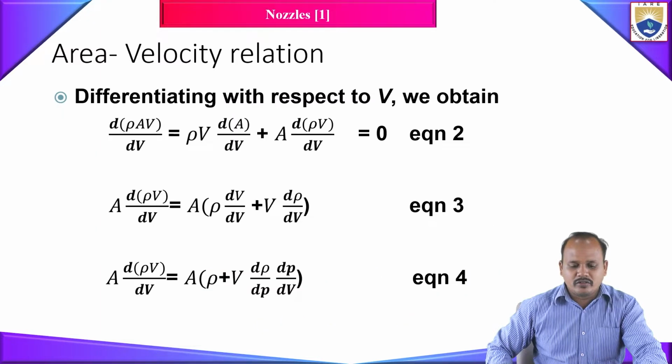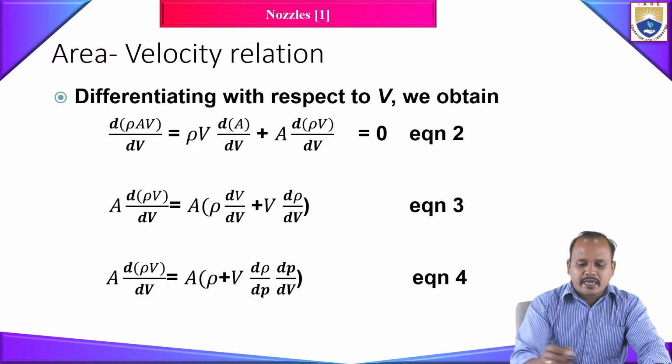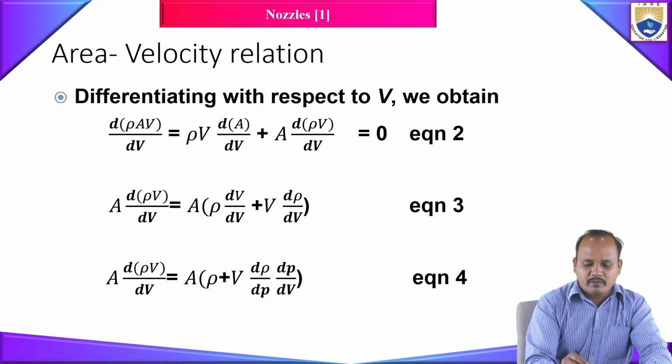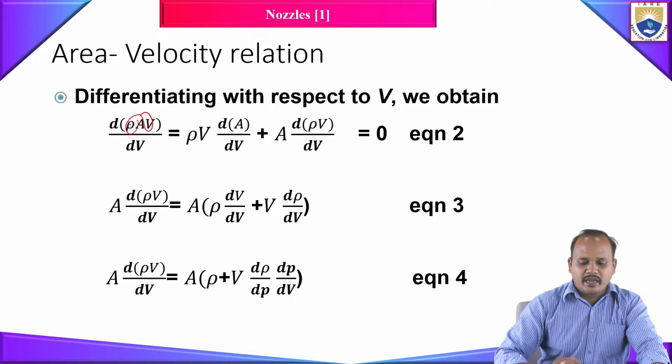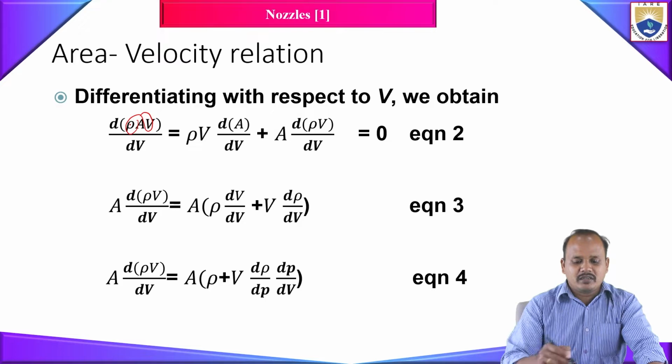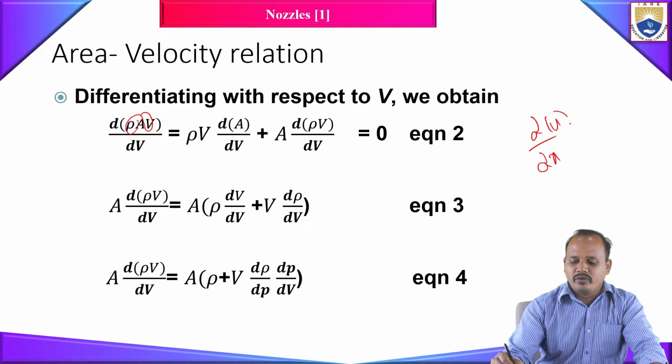I can split this, for example, I can group rho v as one term and A as one term. So if I differentiate this equation, you have to use the uv differentiation, that is, u v dash plus v u dash.